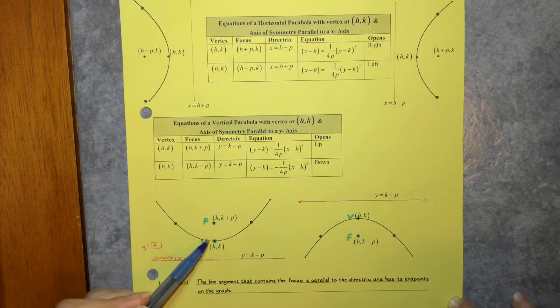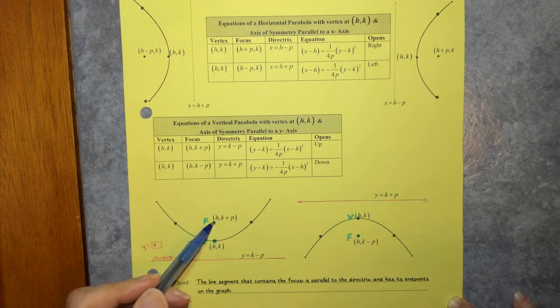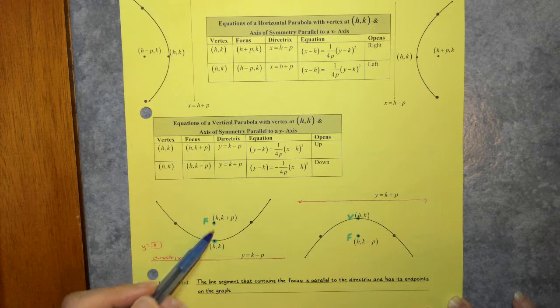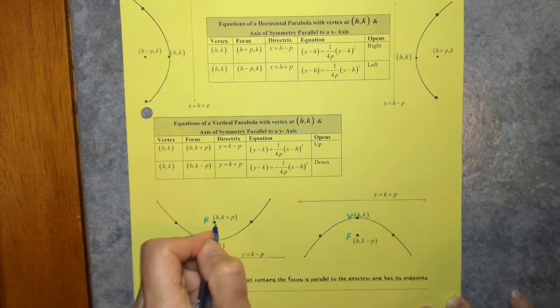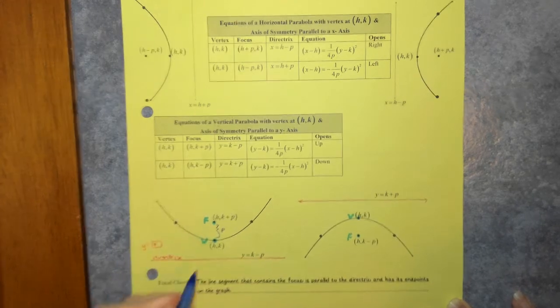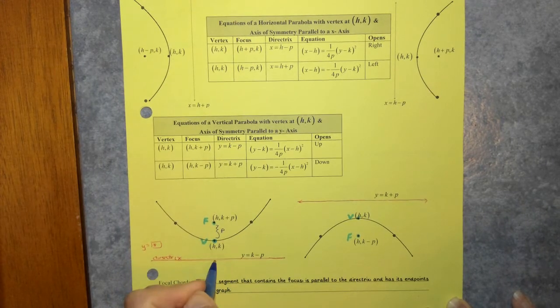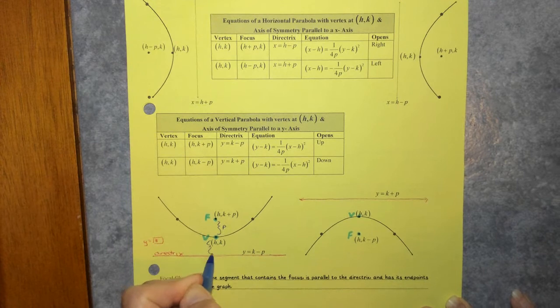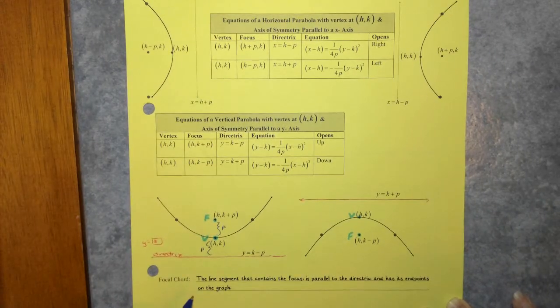Well, that's the cool piece that links these things together. If you look, the focus compared to the vertex is a distance of p. So the distance between the vertex and the focus is p, but the distance between the vertex and the line is also p.